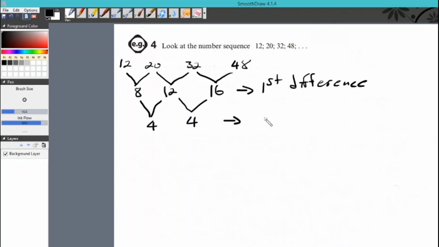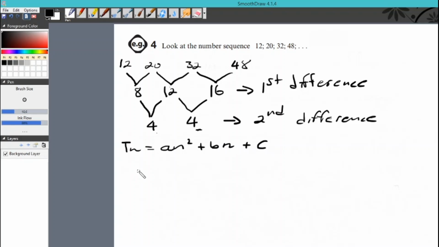So we have a constant second difference, we have 4, we have 4. Therefore this is a quadratic sequence. Because it's a quadratic sequence, we can use this formula for the general term: an squared plus bn plus c, where 2a is equal to the second difference, which is 4.